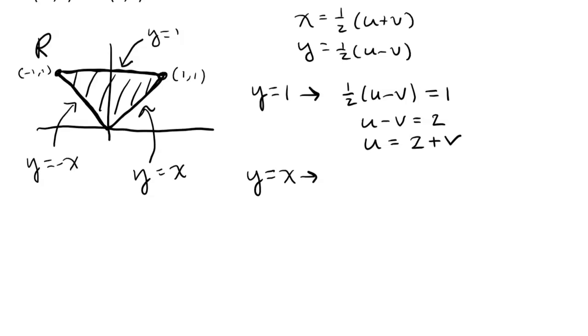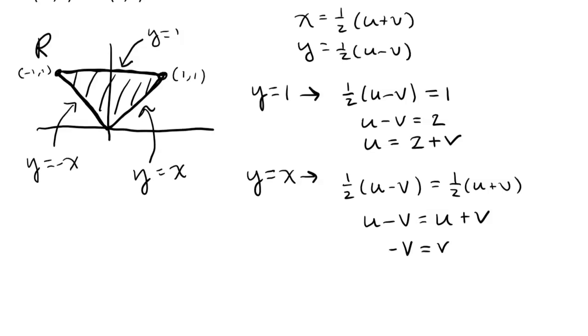If y equals x, then 1/2 u minus v equals 1/2 u plus v. Canceling out those 1/2s, we have u minus v equals u plus v. We can subtract the u's from both sides to end up with -v equals v, or 2v equals 0, so then v equals 0.